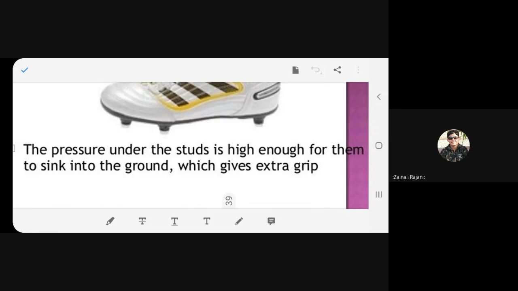Okay. Now, a person is running with a high speed, right? So what he's doing, he's applying a force and the pressure is created. Where the pressure is created, beta? Here. Pressure is created here. You got my point? Now that pressure is enough that this sinks into the ground.